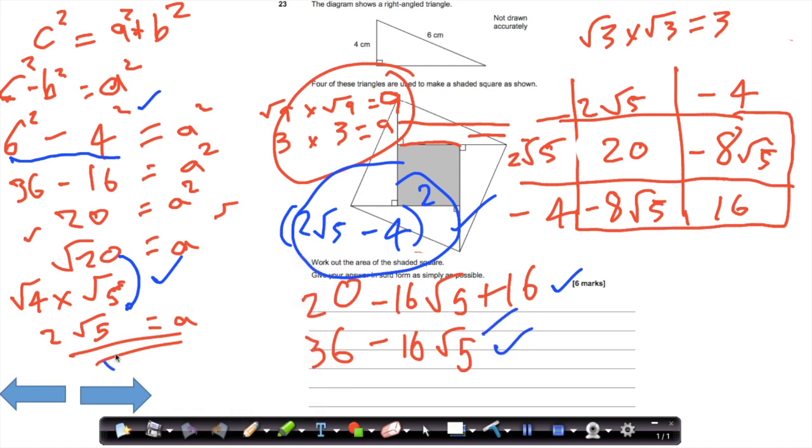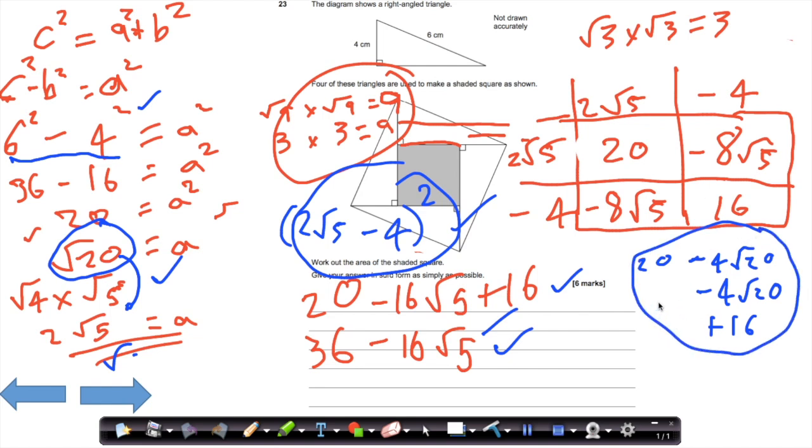Because if you kept it in root 20, and then did root 20 times root 20, and ended up getting 20 over here, but then minus 4 times root 20, which would have given you minus 4 root 20, and then another minus 4 root 20, and then plus 16, like a few of you might have done, that would have given you one of the marks, but you needed to simplify that, which is where the second mark came from, to give you either 36 minus 16 root 5, or you could have gone further and factorised that into, well, 4 is a factor of 36 and 16, it's actually the highest common factor.